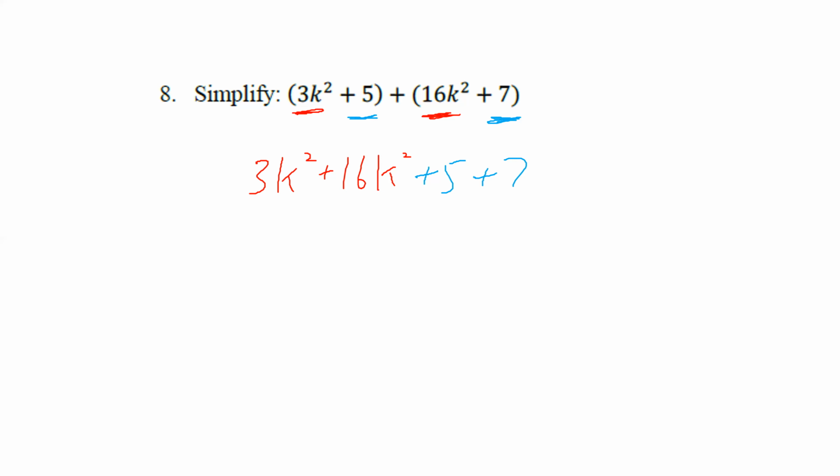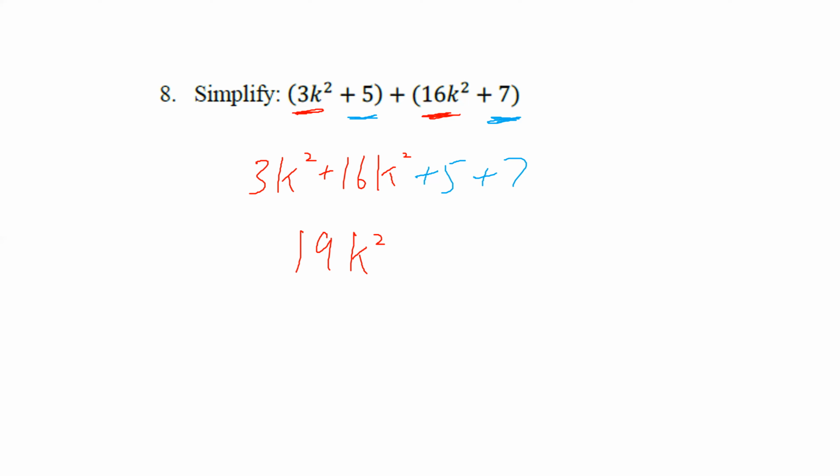So on this one, when we combine them, we get 3 plus the 16, which is going to give us a total of 19. We still have the same variable. The variable is not changing when we're doing addition. So they had to be like terms. It's still going to be a like term in the end.